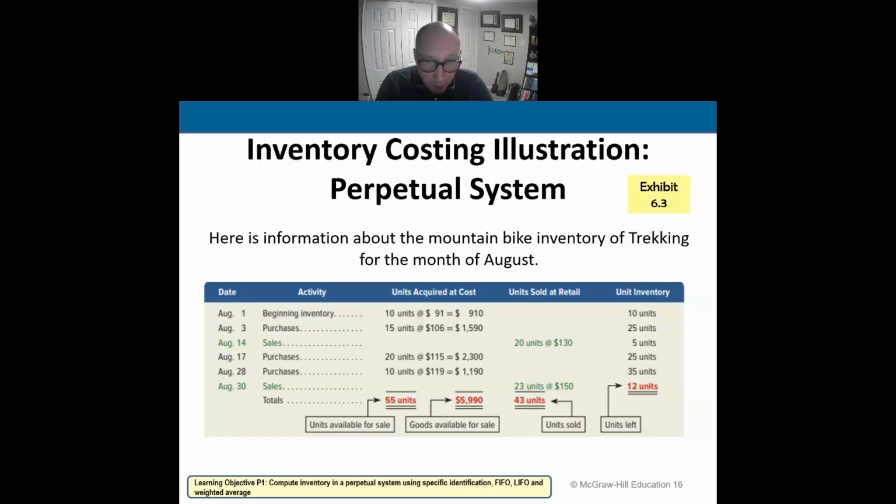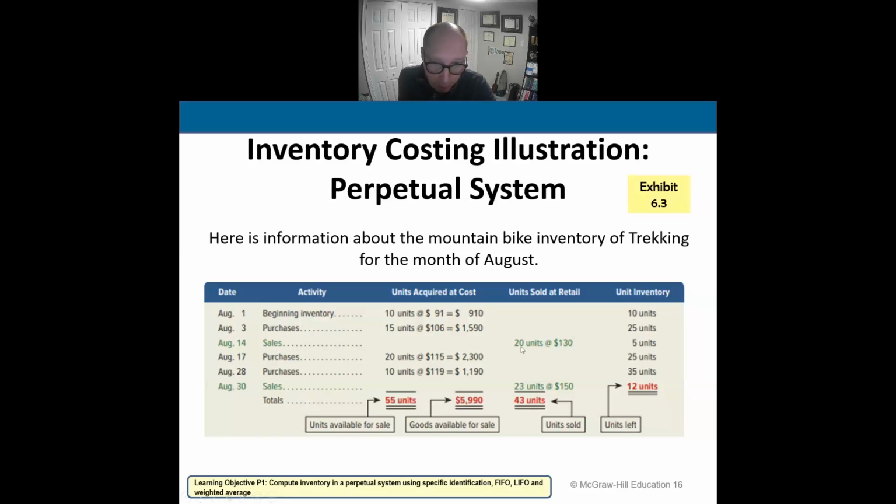August 3rd, made more purchases at $106 a piece. I bought 15, that's $1,590. My total inventory was 25 at that time. We see the unit inventory updating based off of my purchases, yeah? Started with 10, bought 15, now I'm at 25.